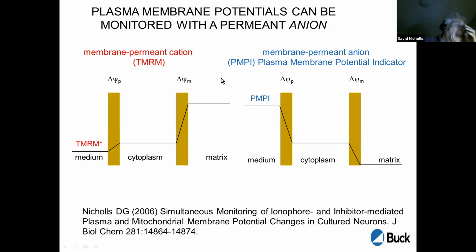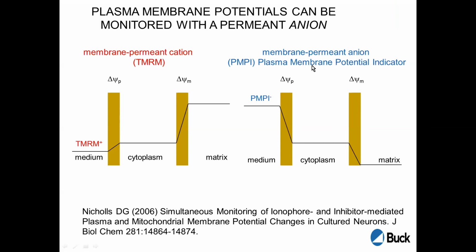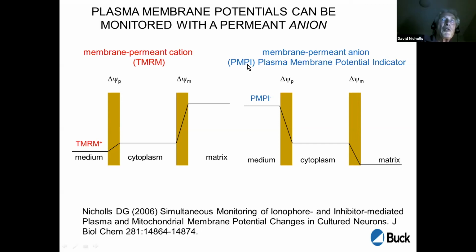And so what we can do, which I started and which Akosh has greatly refined, is to include a second ion, to include a lipophilic anion together with a lipophilic cation. The lipophilic cation, TMRM, we've already seen how that's accumulated into the cytoplasm, into the matrix. The lipophilic anion, which we use from a molecular dynamics kit and call the plasma membrane potential indicator, has the inverse relationship.